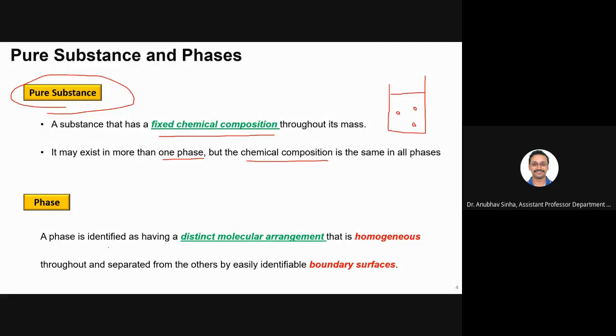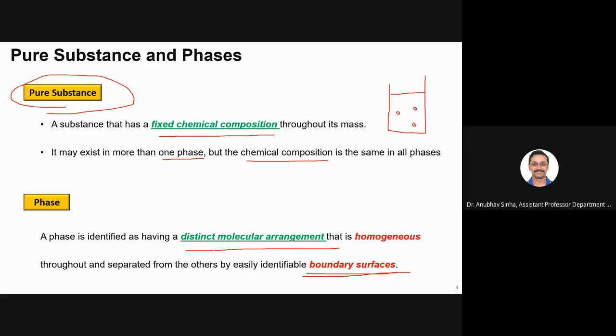So phase is identified as having a distinct molecular arrangement and which is homogeneous. Okay. So it can be separated through different phases and which can be identified by boundary surface. Okay. So for example, let's see. So we can say for water, we have three phases: vapor, solid, and liquid.